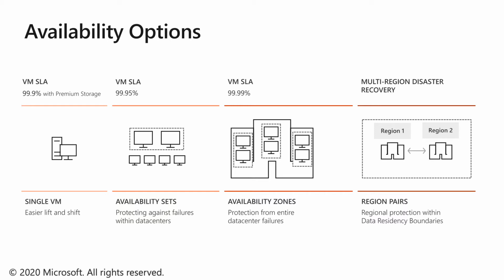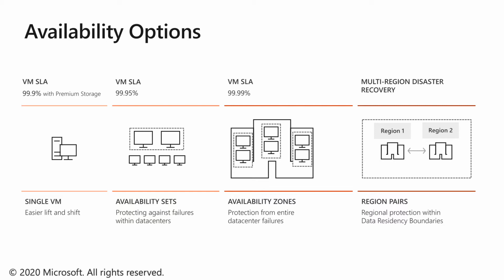Now, in terms of availability, from a virtual machine point of view, so a single virtual machine, you've got 99.9% of them have premium storage. In terms of availability sets, so you're protecting against failures within data centers.